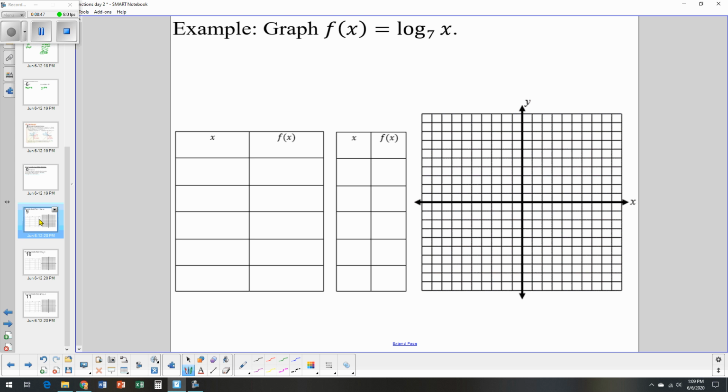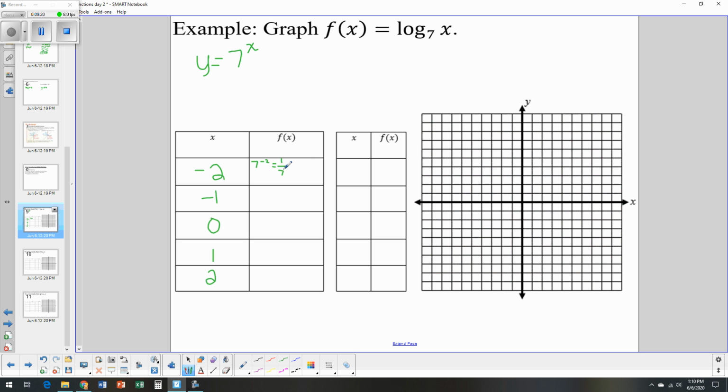So for this one, I want to graph f of x equals log base 7 of x. So that means the inverse is y equals 7 to the x power. Whenever I make a table of values, I usually tend to try -2, -1, 0, 1, 2. And I'm going to plug each of these into this. So 7 to the -2 is like 1 over 7 squared.